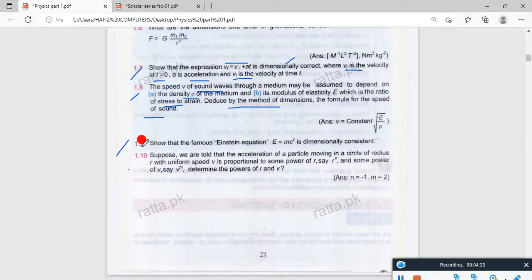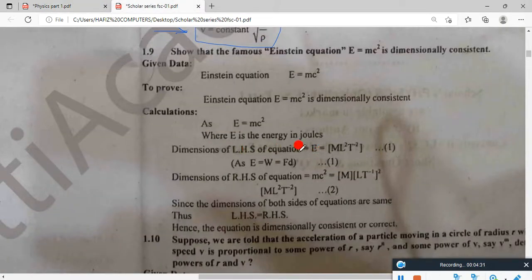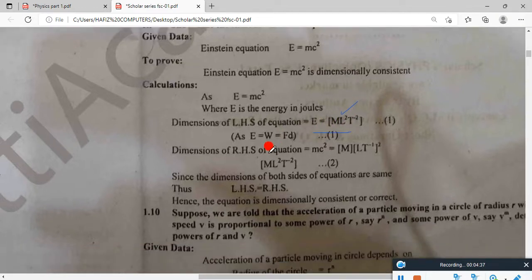Next one is 1.9. Show that the famous Einstein's equation E = mc^2 is dimensionally correct. We know that the dimensions of the left hand side of the equation E are ML^2T^-2, because E is energy, which is equal to work done, which is F dot d.